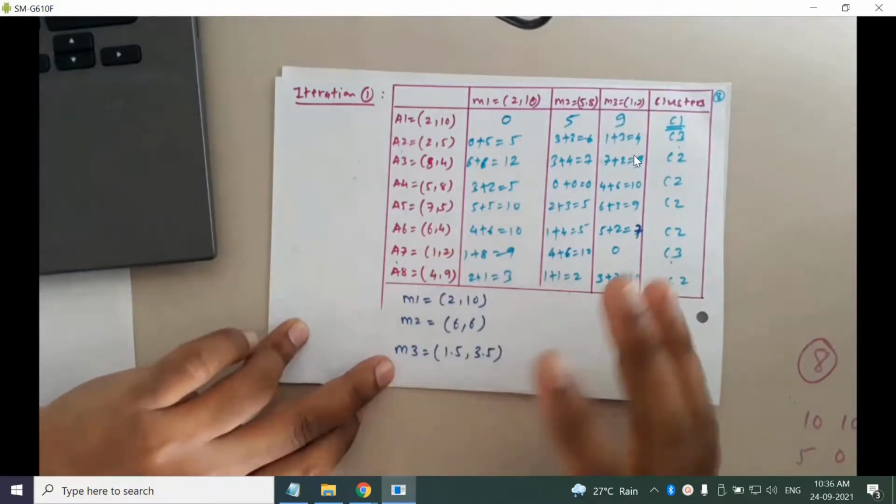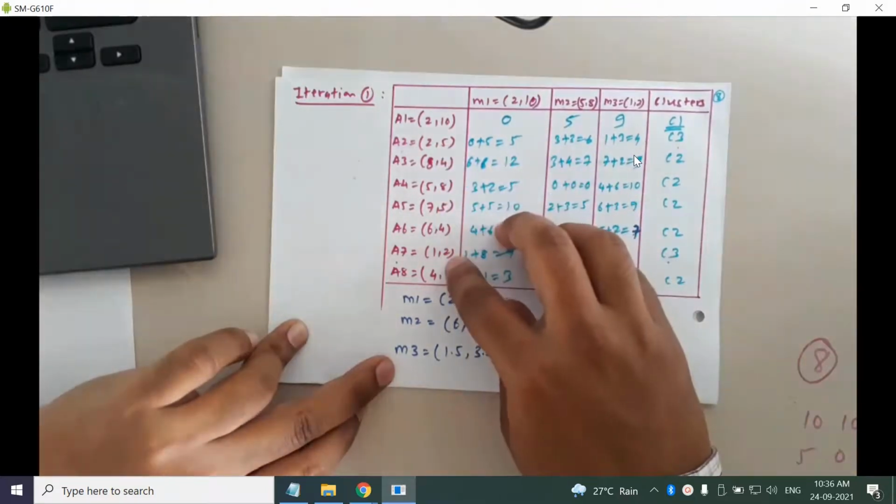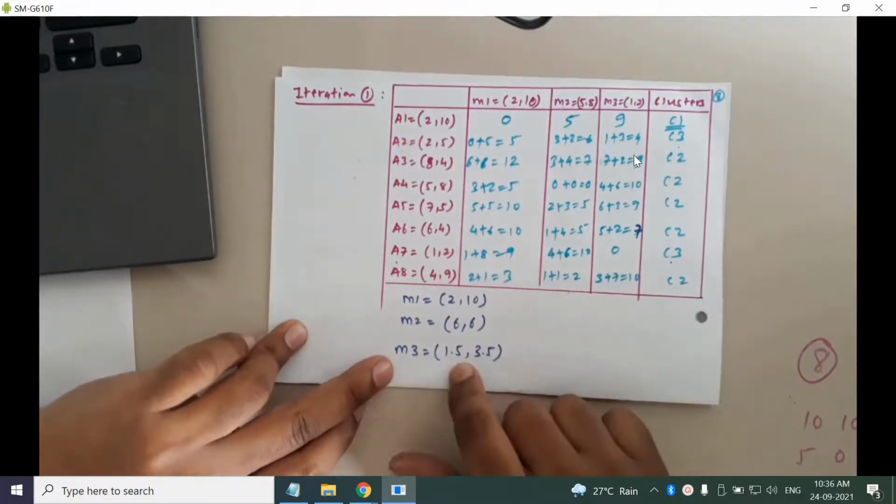एवरेज कैसे फाइंड आउट करना आपको पता होगा, राइट? सो 1.5, and 2, ओके 3.5, ये हो गया. फिर से आप टेबल निकाल सकते हो.